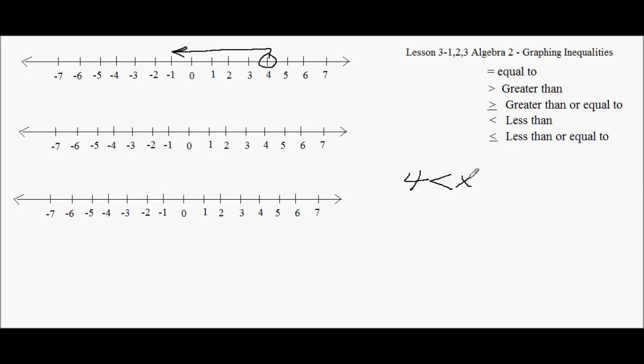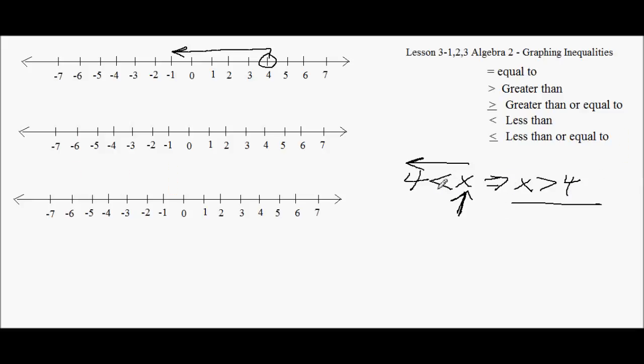So it's very confusing. So you always start with the variable. You always start and you say all the numbers, and then you have to say it this way. So you say all the numbers greater than 4. Or what I like to do is flip it. And I always like the X on the left side. And I keep my arrow pointing towards the 4.